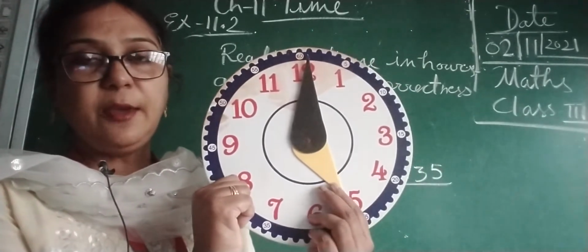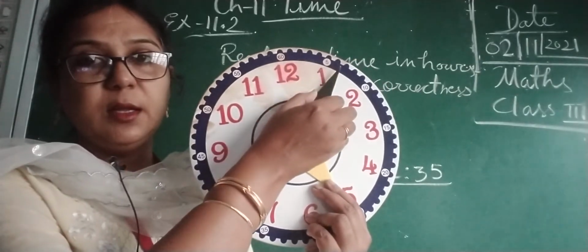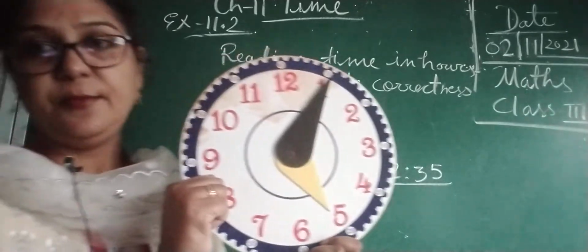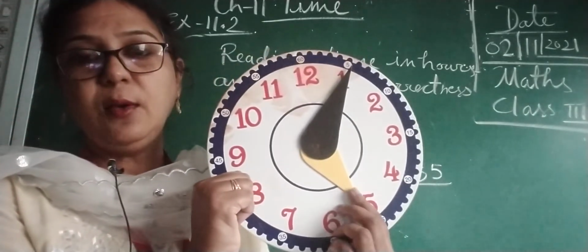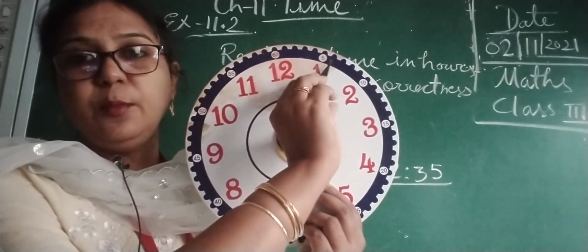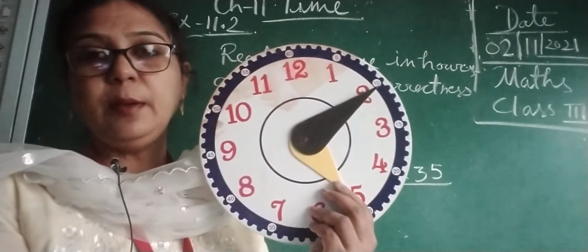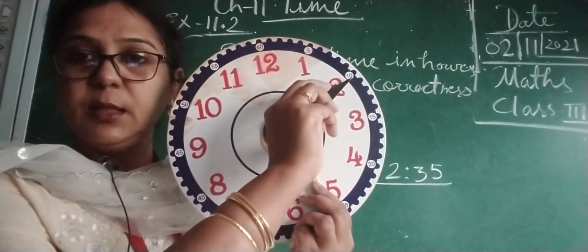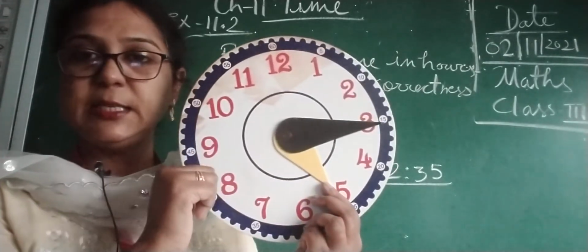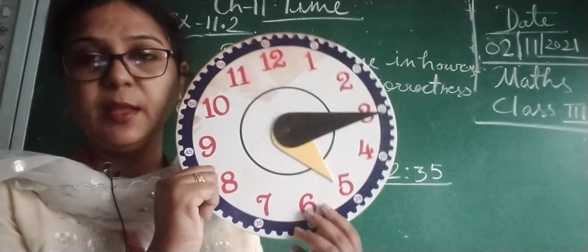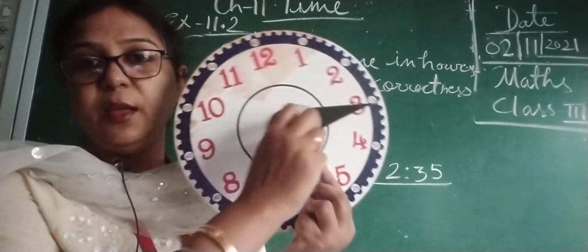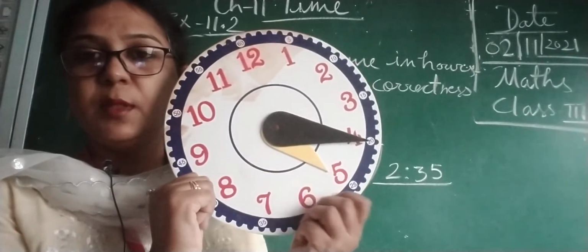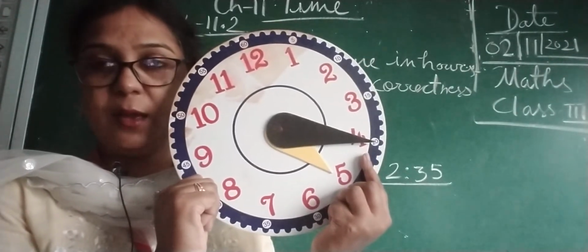Now if it will move to this one, so it will become 5:05, okay? Now if it will move to the 2, so it will become 5:10. Now here this is 5:15, and after that if we write over here, this will become 5:20, okay?